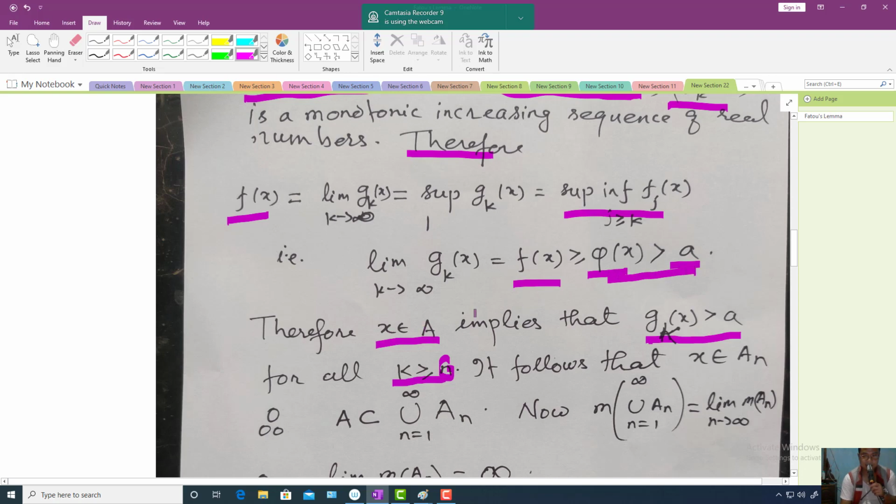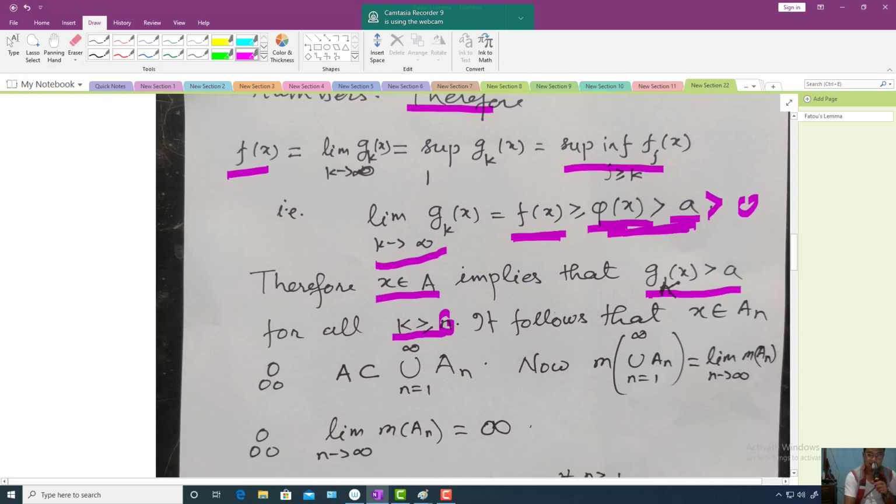So whenever x is a member of A, this is true. This quantity is dominated by f of x, and f of x is equal to this limit, so after some stage g_k(x) is going to be greater than a.